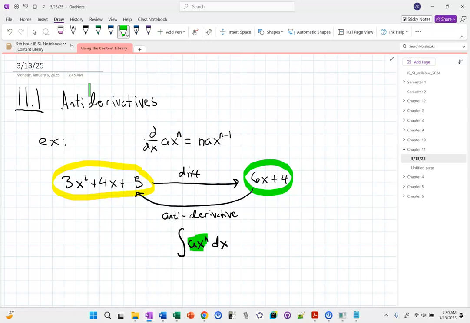So the symbol before and at the end is just telling us to find the antiderivative. This is the integral symbol. That's the name we give that symbol.